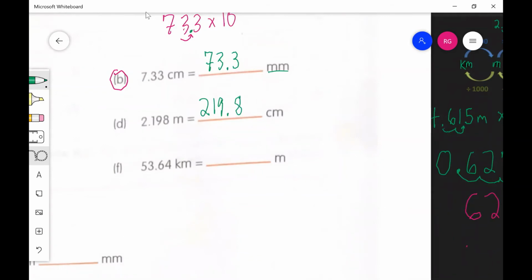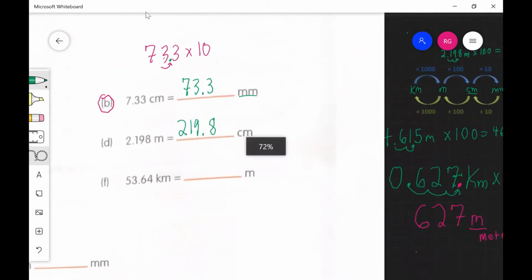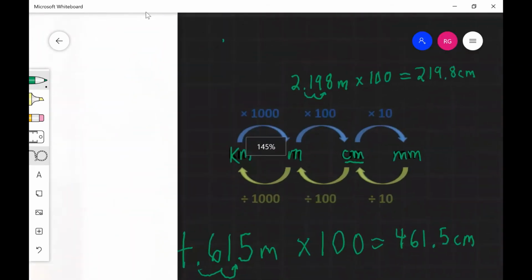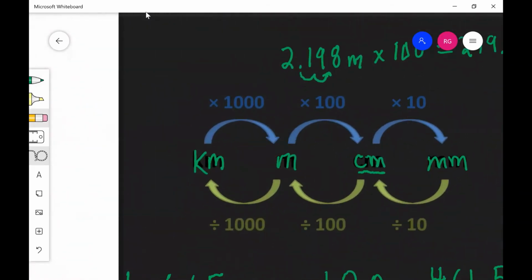All right, we're doing great, guys. Let's keep going. I think we can finish this page. 53.64 kilometers equals how many meters?